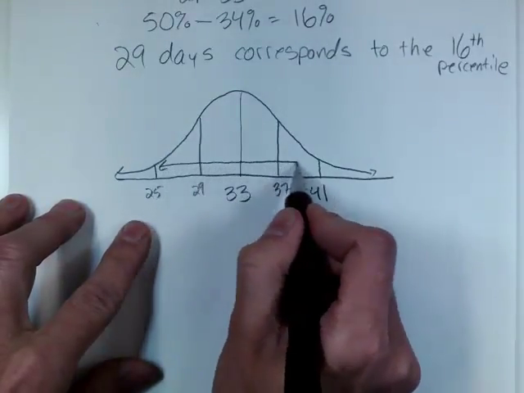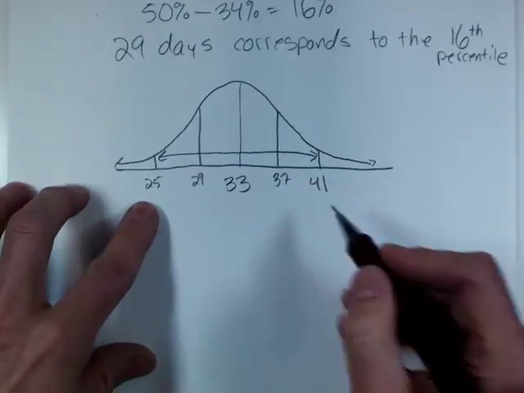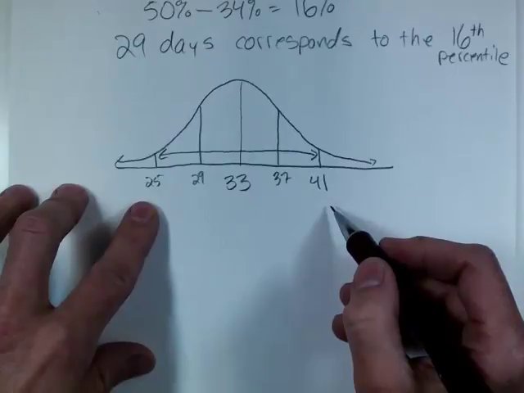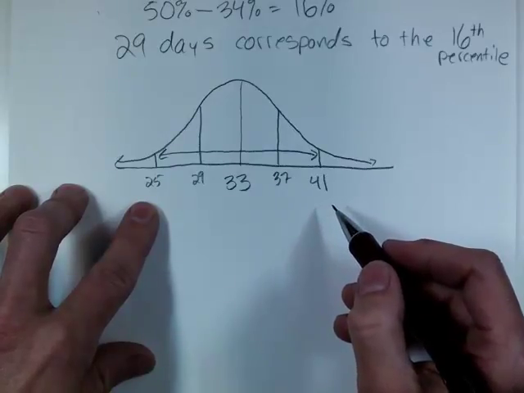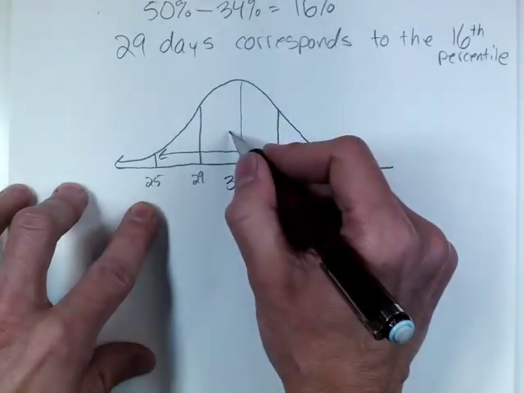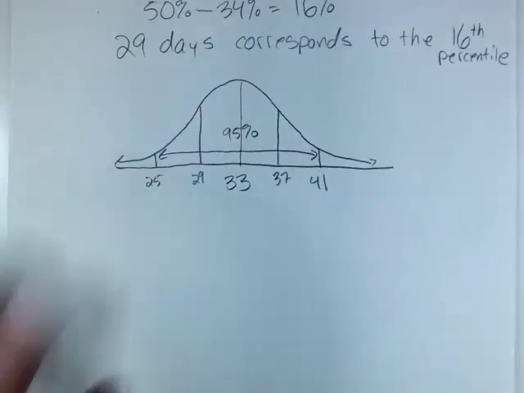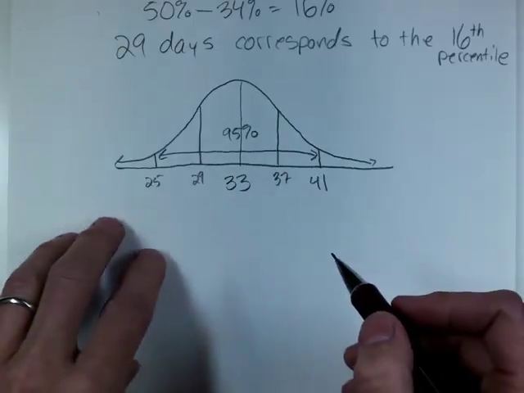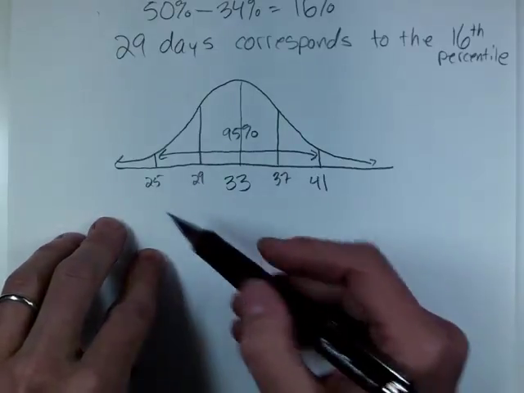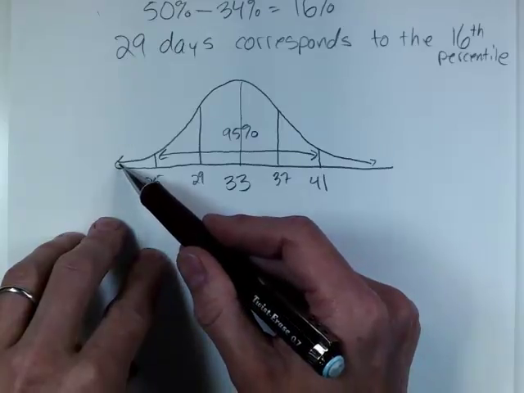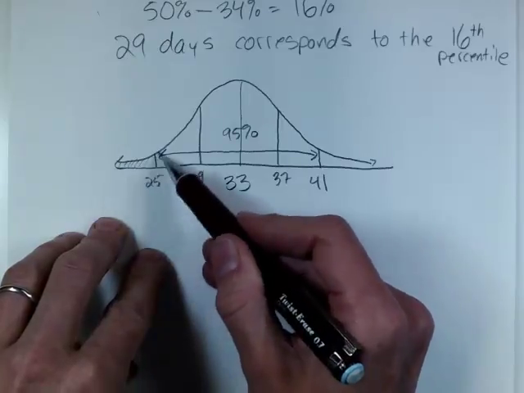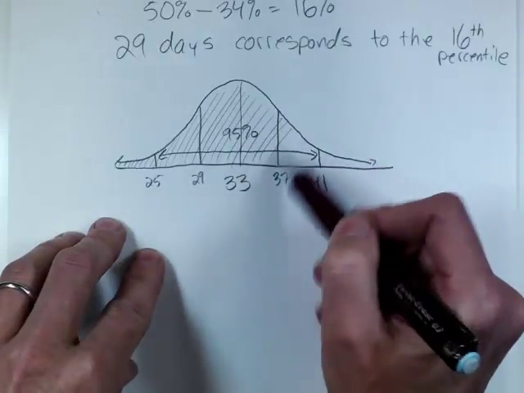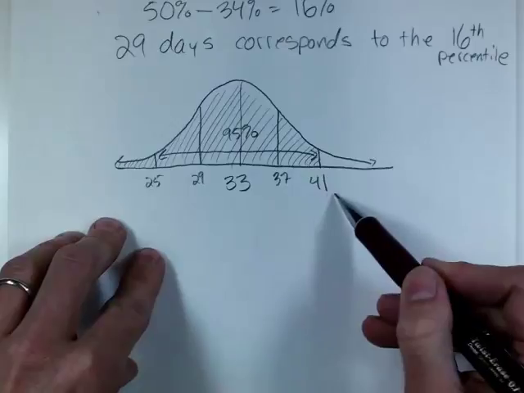How much data falls between 2 standard deviations? 95%. Remember, it's 68, 95, 99.7. So that would be 95%. What I'm looking for when I'm talking about a percentile is the total cumulative percentage from negative infinity up to this point, which would be 41.